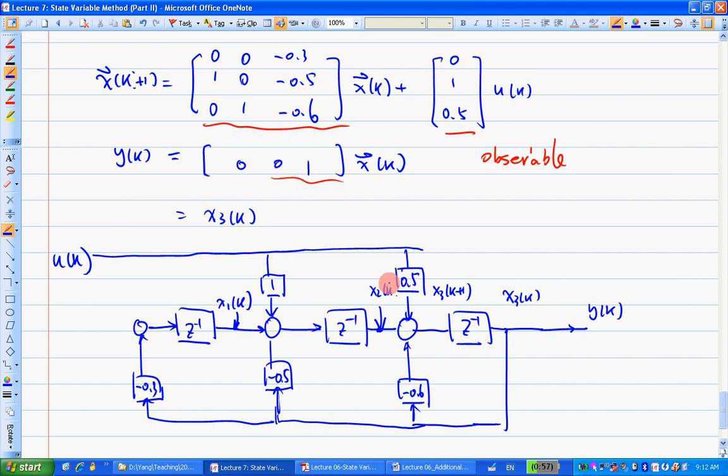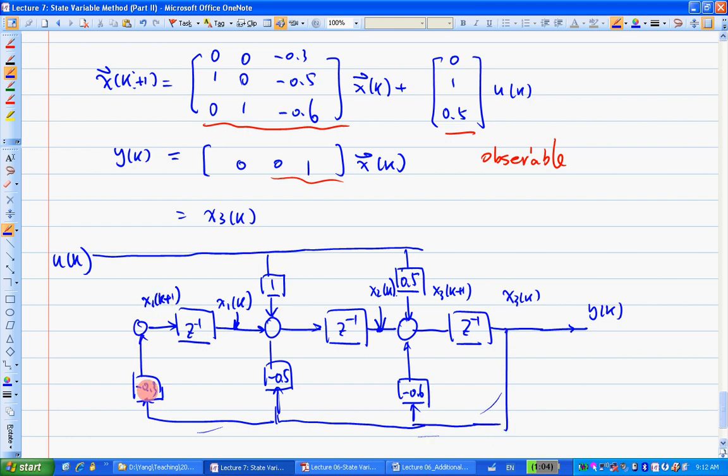At x1, before x1, this is x1 of k plus 1. What does x1 of k plus 1 equal to?